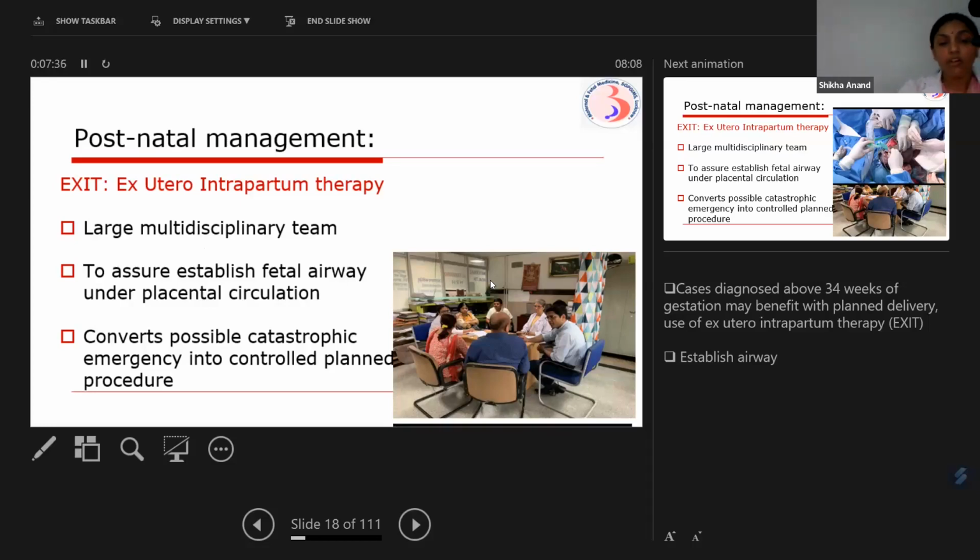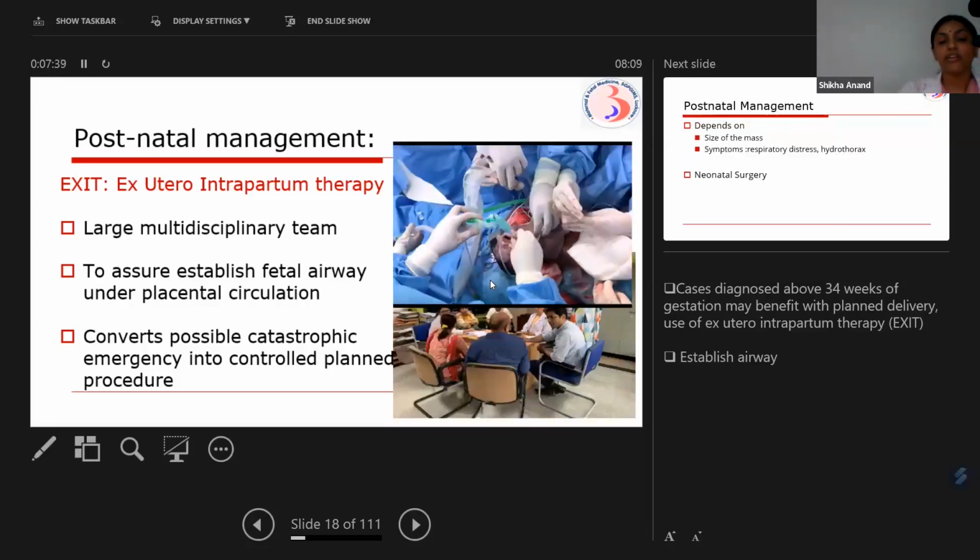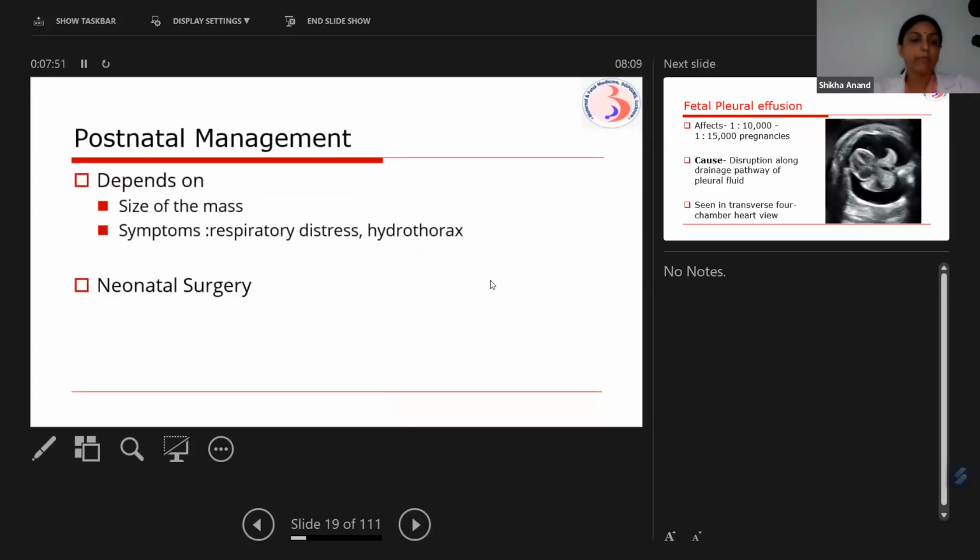So it converts a possible catastrophic emergency into a controlled planned procedure, because these lung masses cause airway compression, leading to difficult intubation. So the intubation is done while the baby is still on the placental circulation. Postnatal management depends on the size of the mass and the symptoms. If the mass is large and the baby presents with severe respiratory distress, then immediate neonatal surgery may be required.